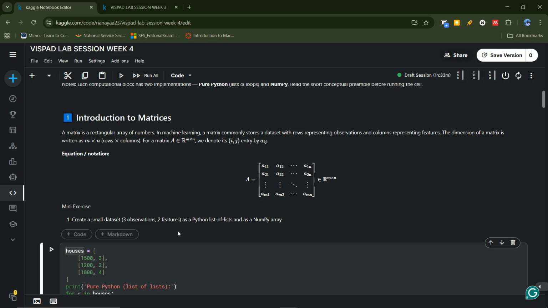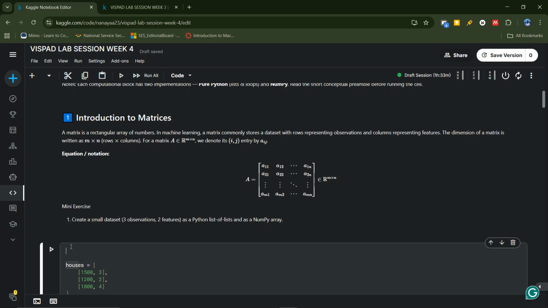Okay, so great. Over here, you remember we said observations mean rows, and features mean columns. So ideally, they are just telling us to create a data set or a matrix that has 3 rows and 2 columns.